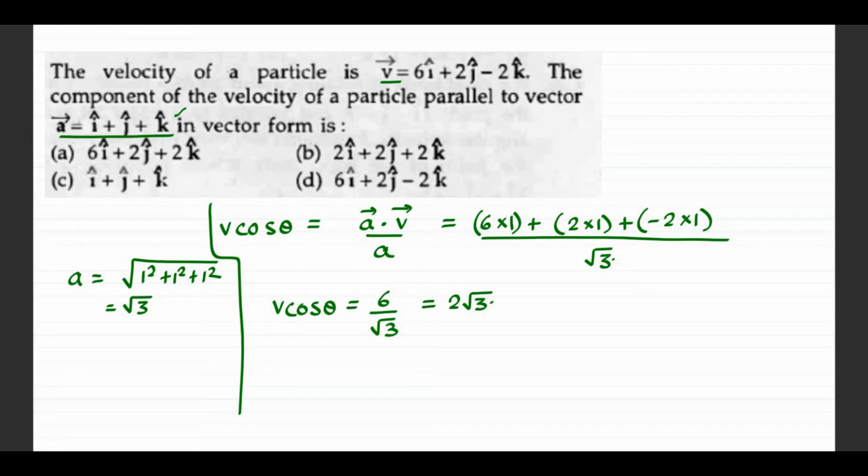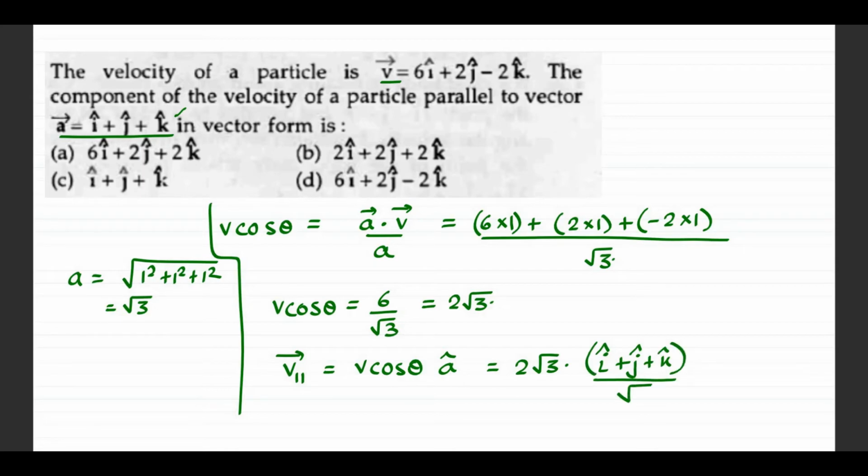So can I say I have to represent this in vector form? So I can write this as V cos theta into unit vector along A. So it will be vector divided by magnitude.